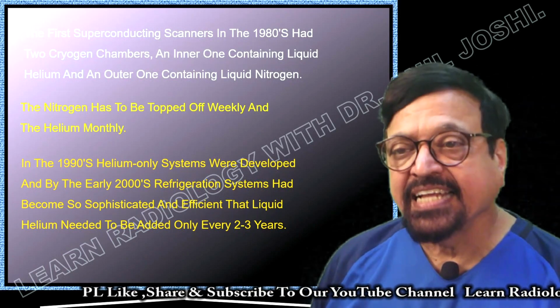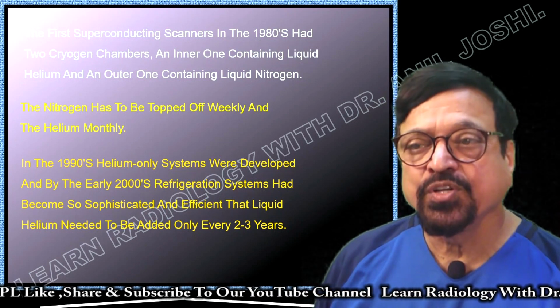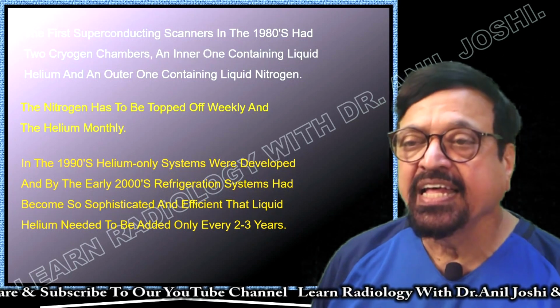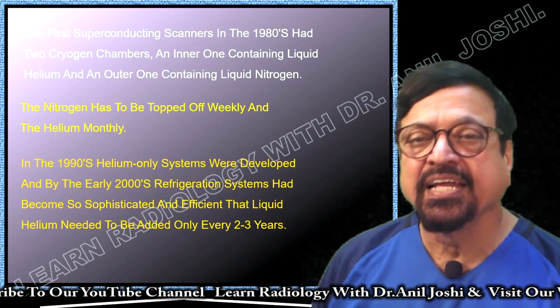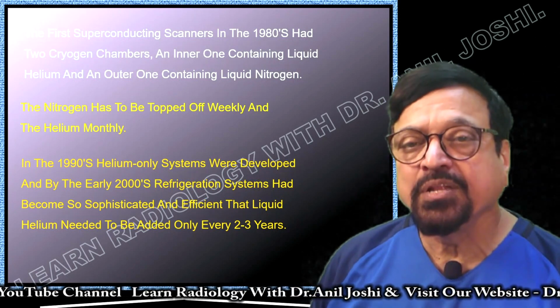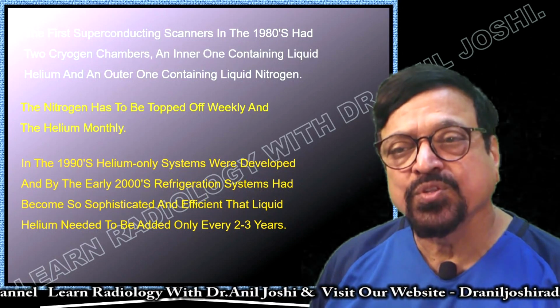In the 1990s, we developed a system which was using only helium. And as early as 2000, refrigeration systems had made it so possible that we need to replace helium only after 2 to 3 years. Why?